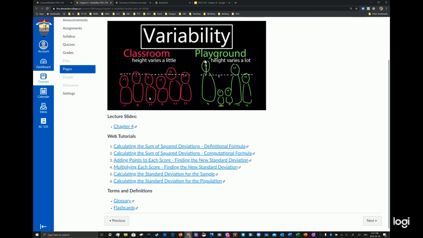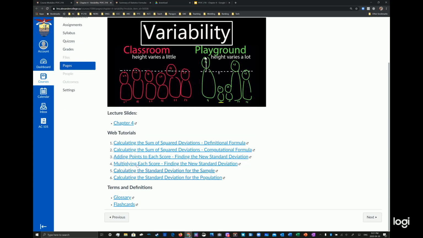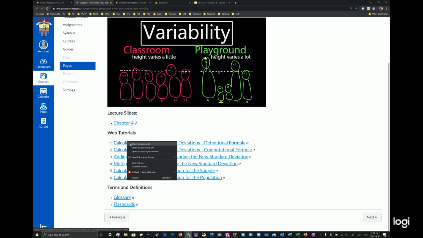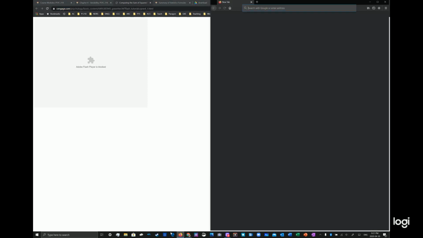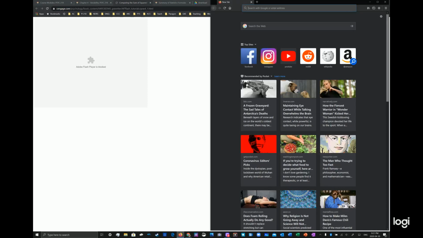And again, with these modules, our web tutorials, if you use Chrome, it's not going to work because Chrome has disabled Flash. And if you know a way to enable Flash on Chrome, let me know. But if you use Firefox or Microsoft Edge, or if you're an Apple user, use Safari, should work.